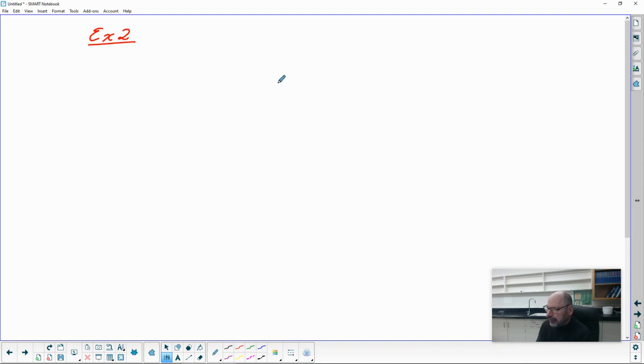Okay, so let's say we have sine. Last time I used cosine. Let's use sine theta equals. I better figure out what a good radian is here.